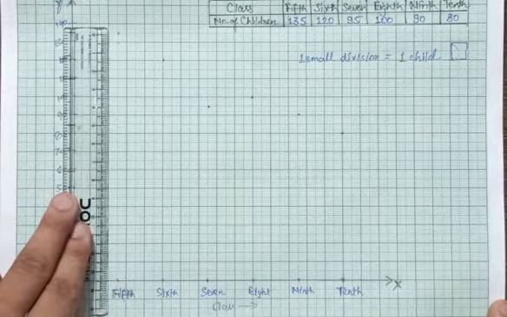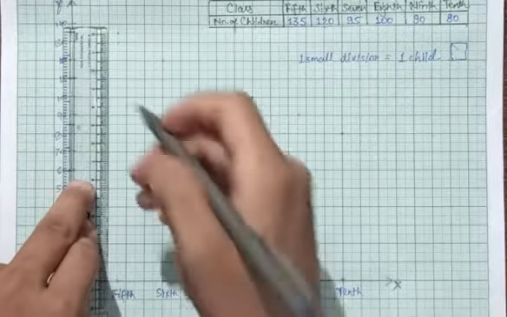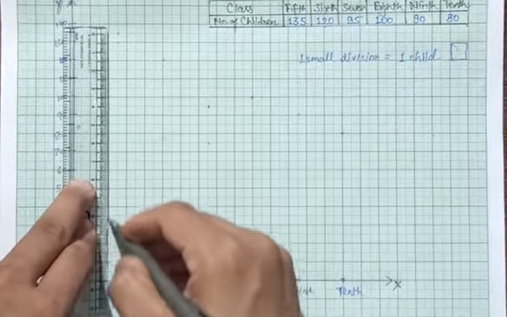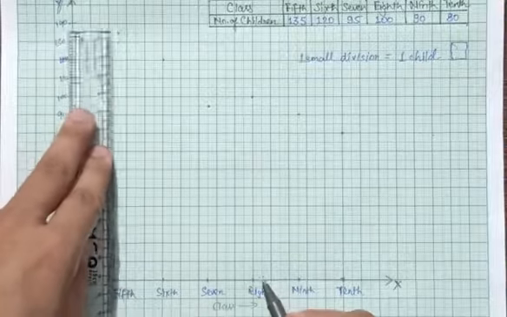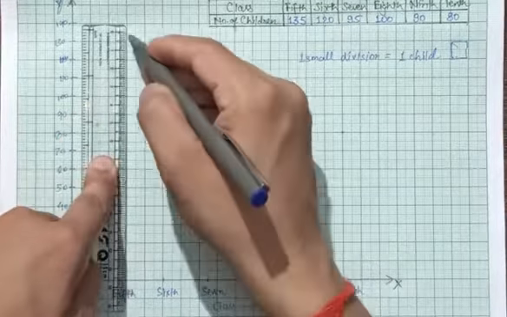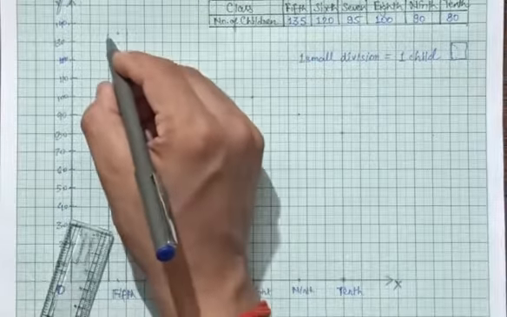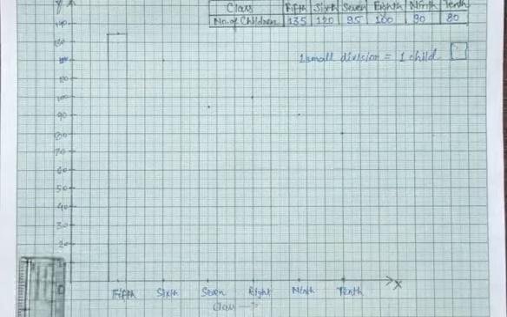Mind here that you have to make the width of the bars the same. So this is the bar corresponding to class 5th.